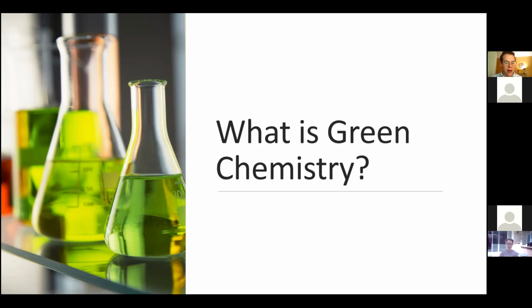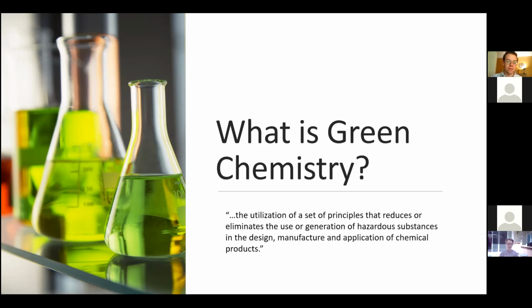And he wrote a book about it in which he defines green chemistry as the utilization of a set of principles that reduces or eliminates the use or generation of hazardous substances in the design, manufacture, and application of chemical products. And I really want you to focus on just the utilization of this set of principles that he talks about, because that set of principles are also known as the 12 principles of green chemistry, which serve as a how-to and a guide for practicing green chemistry.